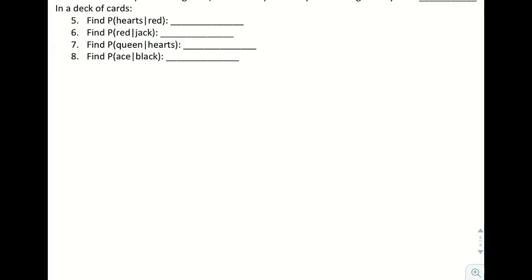Or as we wrote it above, given red, comma, probability of hearts. And that's how we're going to want to work out these problems. You start at the end. Given the red, then what is the probability of hearts?